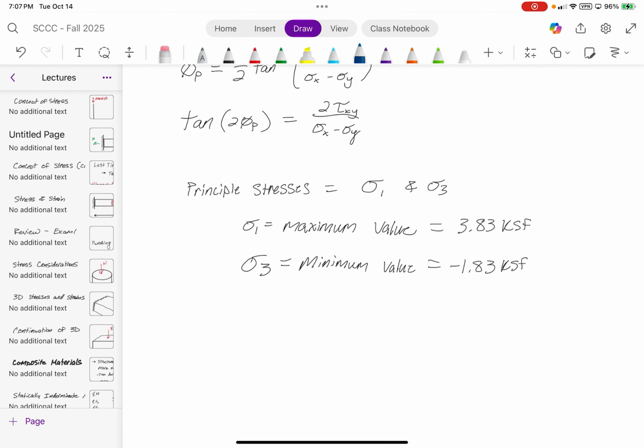And just a quick note, let's say you had principal stresses of negative 4 KSF and negative 10 KSF. Which one do you guys think would be sigma 1 and sigma 3?